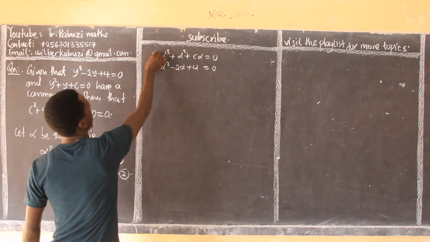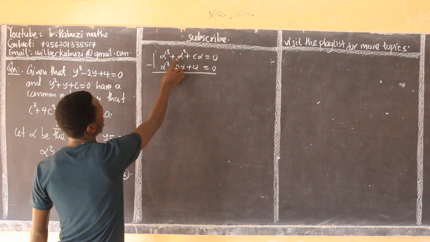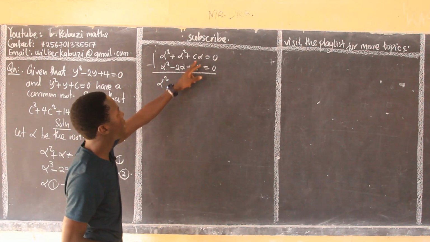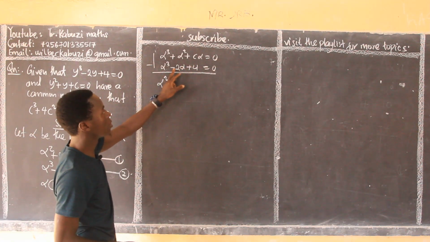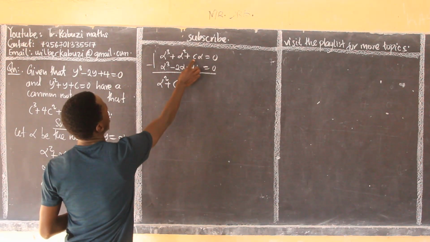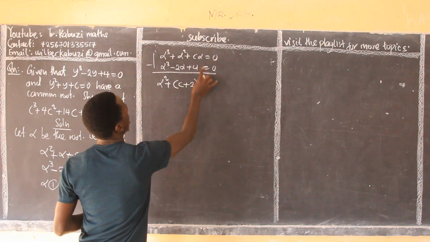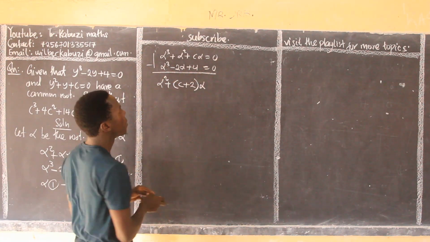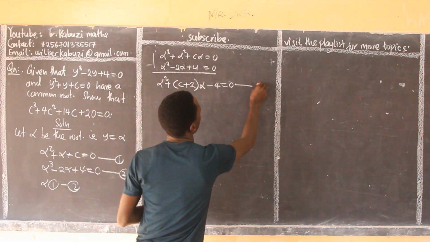So if I eliminate these two, what am I going to be having? This will vanish. I'll be having alpha squared. And I have this alpha and this alpha. So I say c minus minus. So these two, all of them are having alpha. So now I have plus c minus minus to get us a 2, but alpha is common. Then here we have 0 minus 4, to give us a negative 4 there.